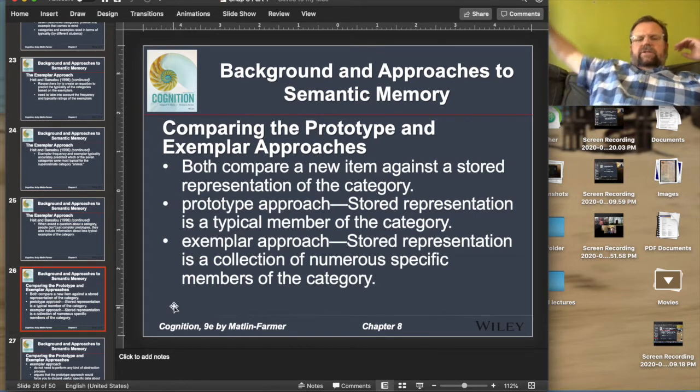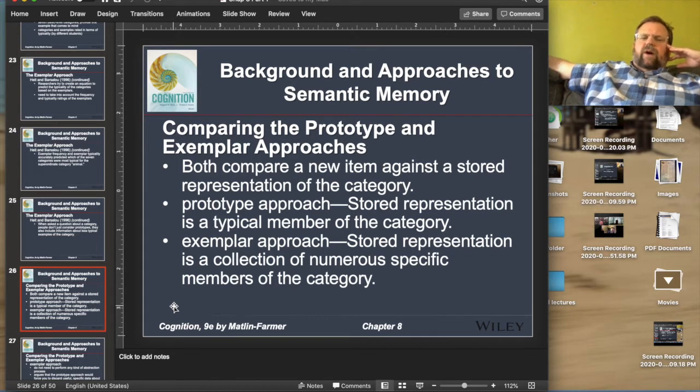So when you compare these two approaches to each other, both seem to compare a new item against a stored representation of the category. So both of these examples either compare something to a prototype or an exemplar. For the prototype approach, the stored representation is a typical member of that category.